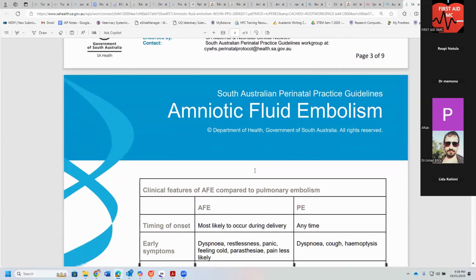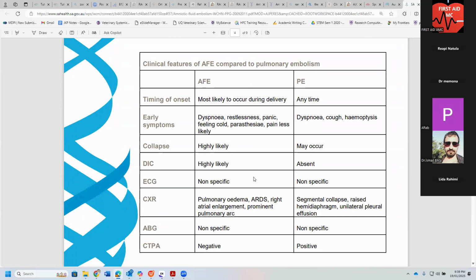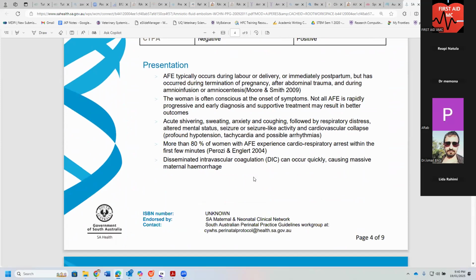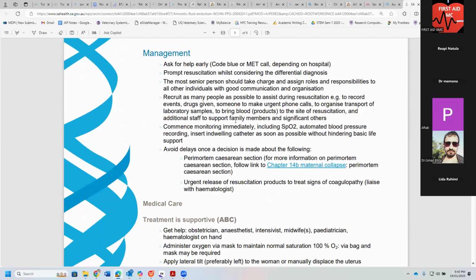So there is high mortality associated, and you need to have high suspicion. Whenever the baby is born and the mother goes bradycardic, hypotensive with profuse bleeding which is not clotting, not clotting is a big indication that there is DIC and a coagulopathy going on. So you need to be very conscious about this being an amniotic fluid embolism.